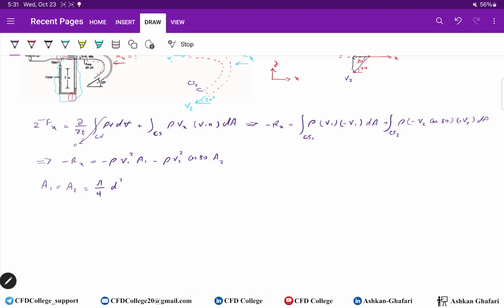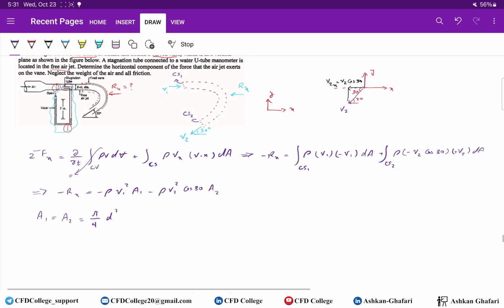But we don't know anything about the velocity. That's where this stagnation tube comes in, and we should use it. But how can we use this?